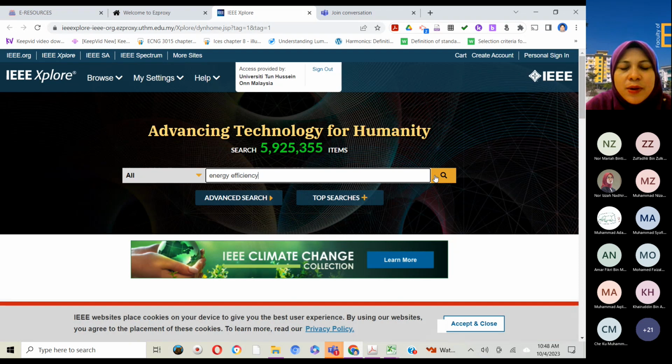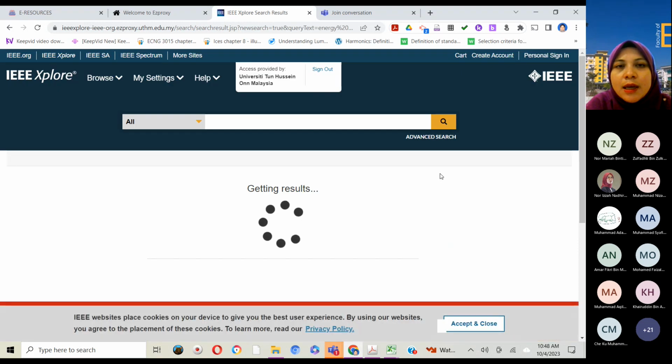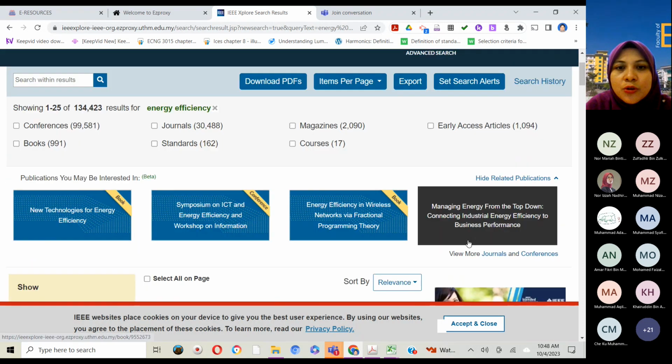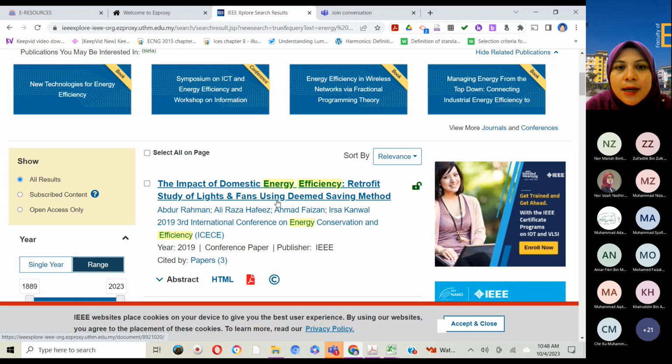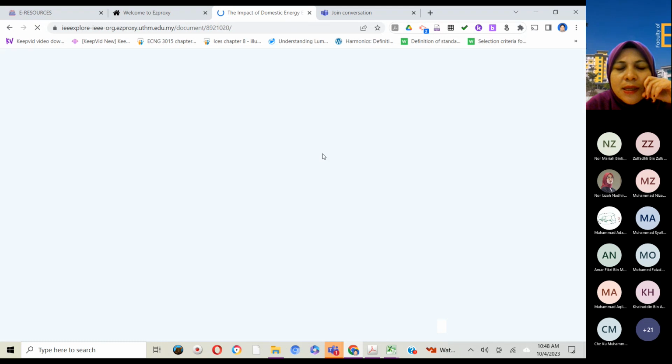Sebenarnya this one is one of the platform that you can get all the information. Okay, for example, you akan dapat journal papers, akan dapat conference papers yang kalau kat luar you tak boleh dapat the full text, PDF full text. Kalau kat sini you boleh dapat lah. Contohnya macam you ambil ni kan, you just tekan saja dia punya papers.